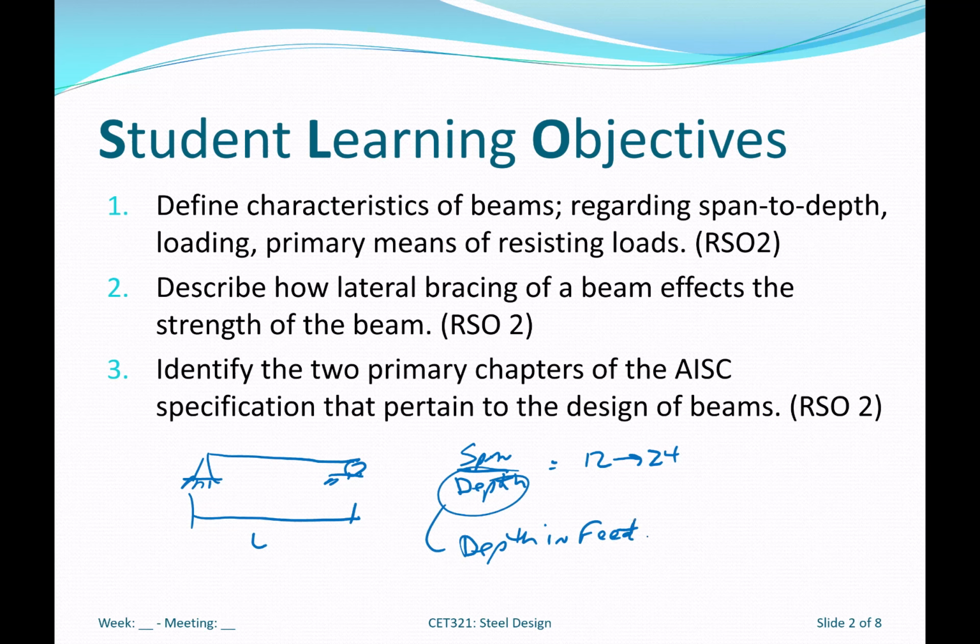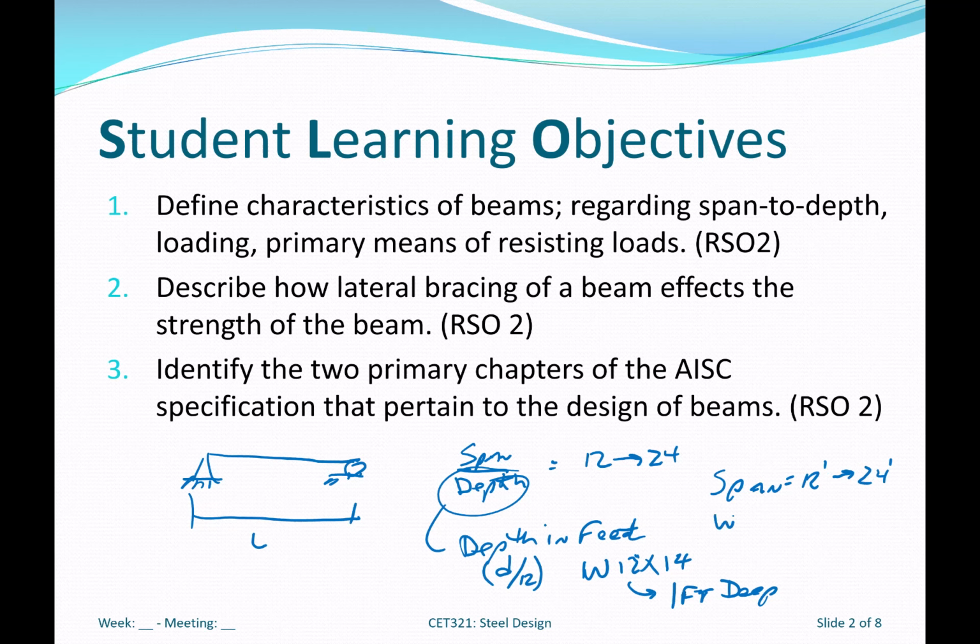So you're going to take D divided by 12. If I say a W12 by 14, a W12 is 1 foot deep, so I would expect this beam to have a span of 12 feet to 24 feet.